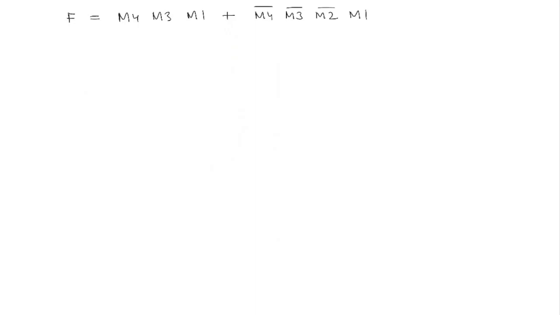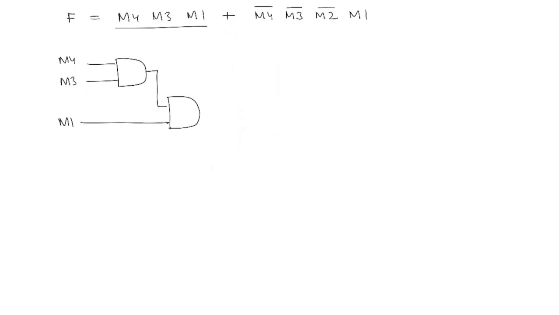bar M1. Okay, so to implement that, we want to implement this term first, so we'll need 2 AND gates like this, right? So M4 M3 M1, and at the output we get M4 M3 M1. So that's our output here. And to implement this, we'll AND these 2 terms, we'll AND these 2 terms, and then we'll AND these 2 terms.